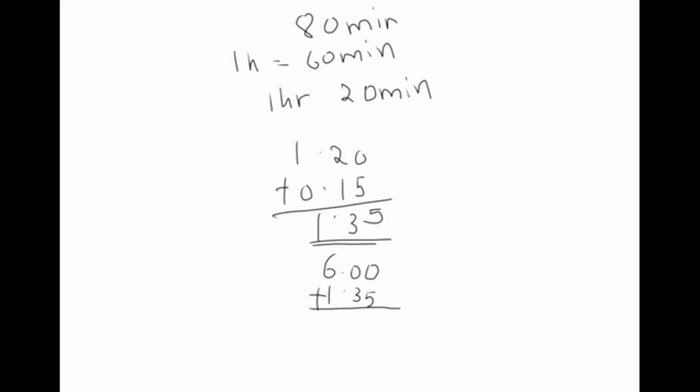Therefore, we have 0 plus 5, 0 plus 3, 3, 6 plus 1, 7, 7:35 a.m. Therefore, our correct choice is choice D.